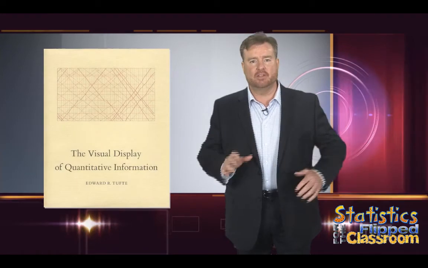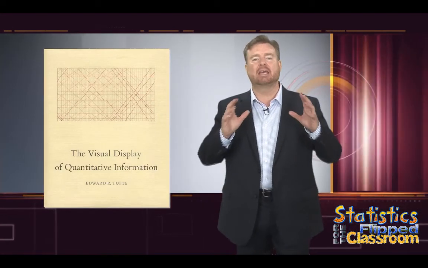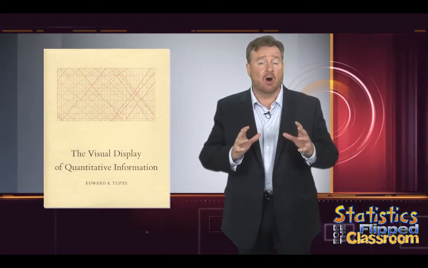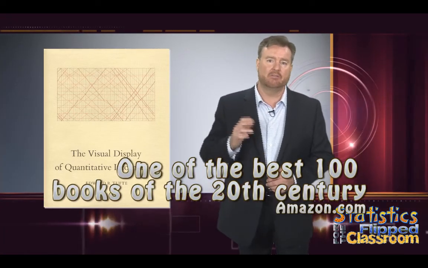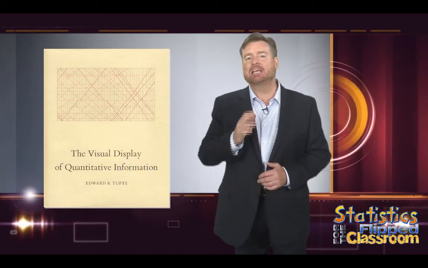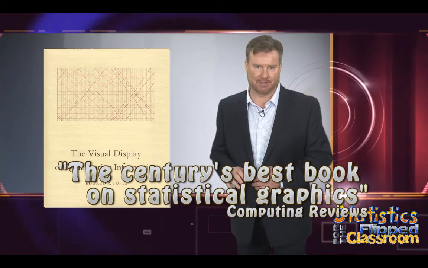Edward Tufte wrote the definitive book on graphing. It's called The Visual Display of Quantitative Information, and this book is a classic. It is on Amazon's list of the best 100 books of the 20th century. It has been called the century's best book on statistical graphics.